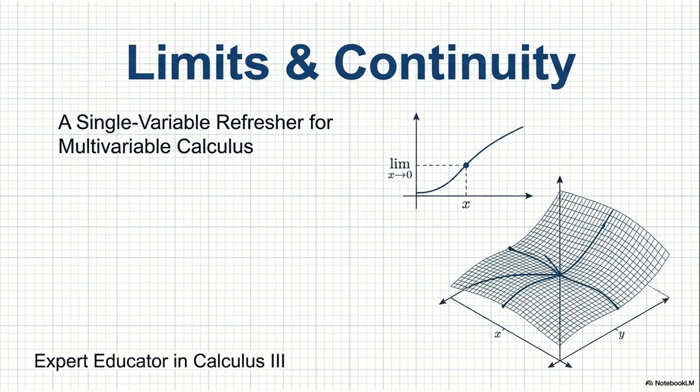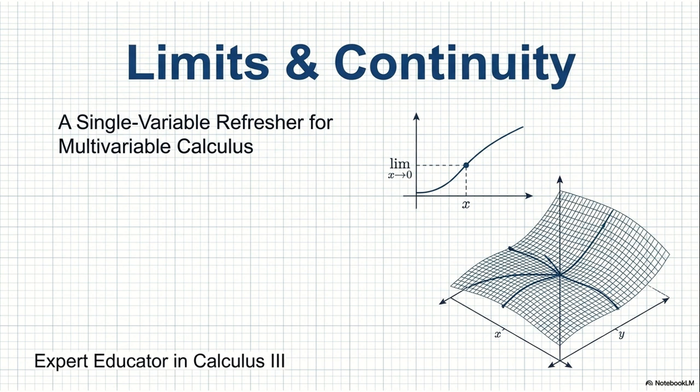Okay, let me start with limits. If we want to start limits, then at first we have to know what is a tangent line and what is a secant line, right?